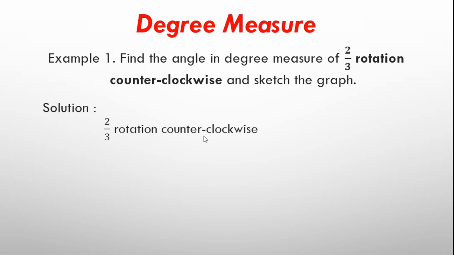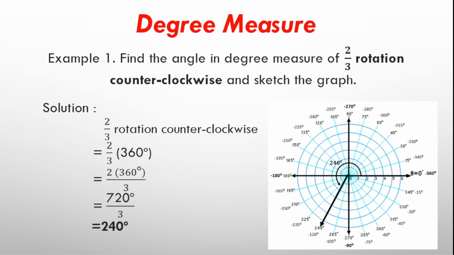So all we need to do is multiply the fraction 2/3 by positive 360 degrees. So we have 2 times 360 degrees divided by 3. That becomes 720 degrees divided by 3. Dividing 720 degrees by 3, the angle is 240 degrees. So this is now the sketch of 240 degrees in the plane.